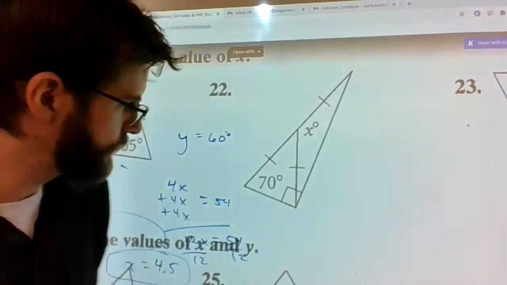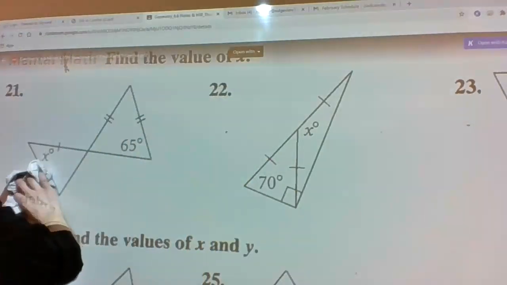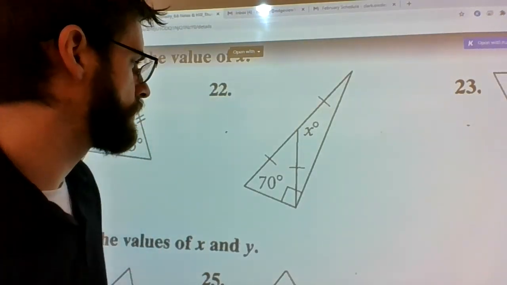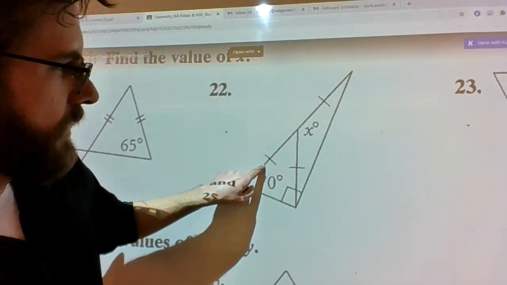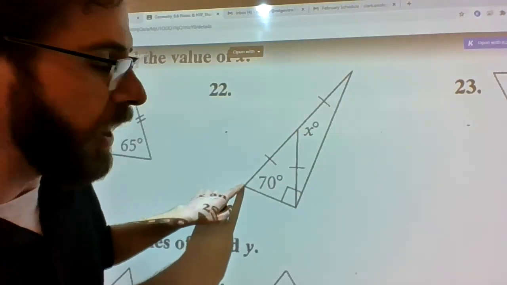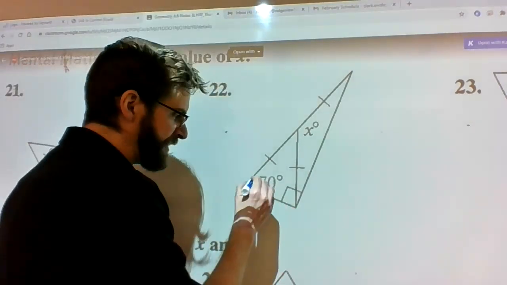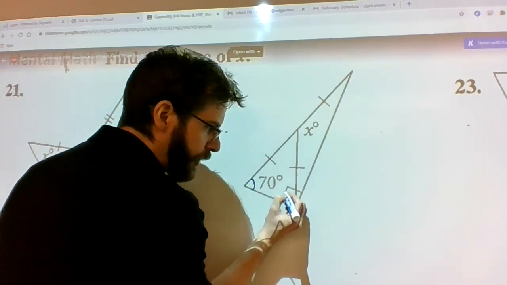22. Okay. This can be kind of tricky. We've got one isosceles triangle here, which means that this 70-degree angle here corresponds to a 70-degree angle over here.